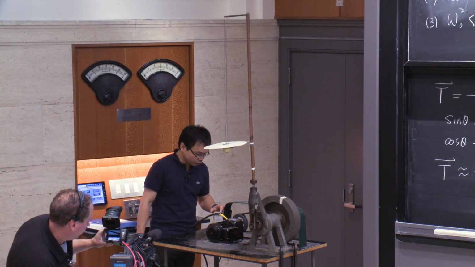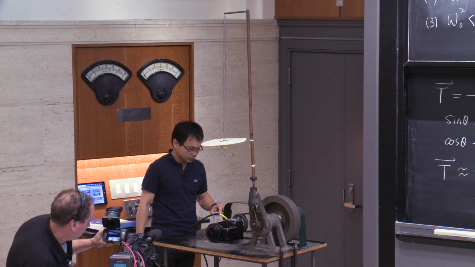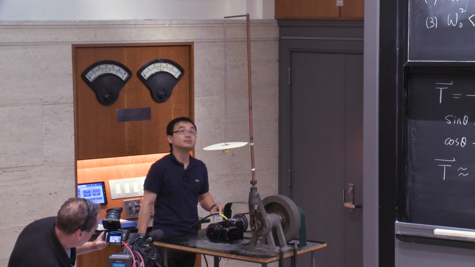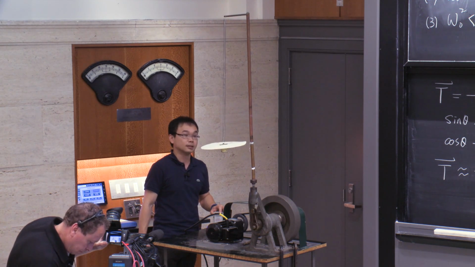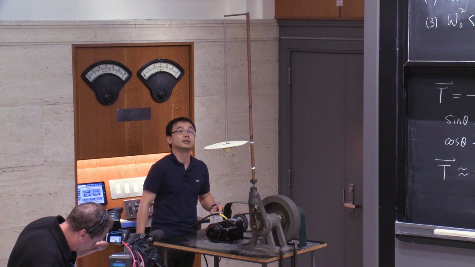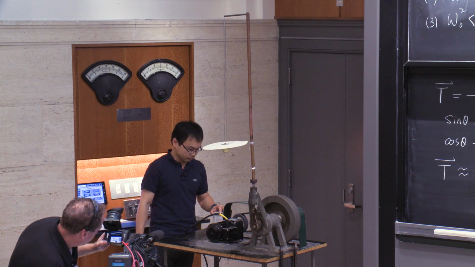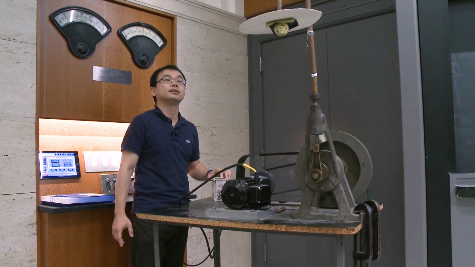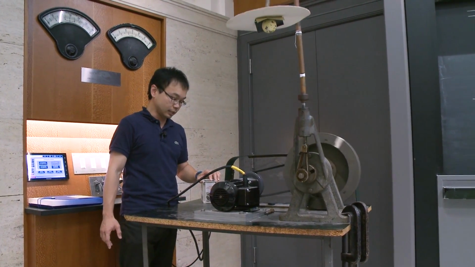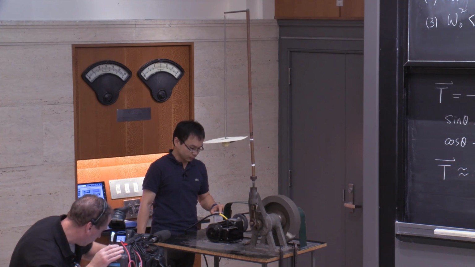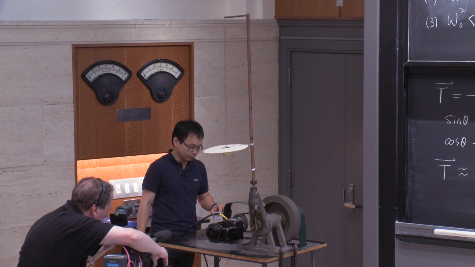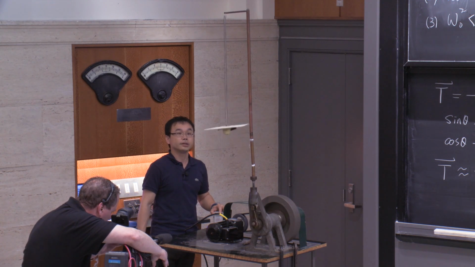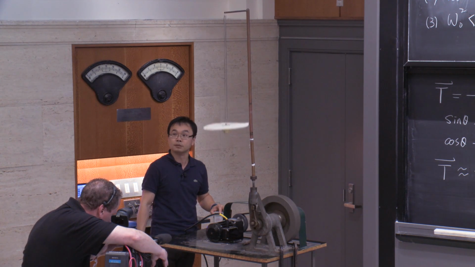All right, so now I increase the speed of the motor and see what will happen. You can see now it's driving it with higher and higher frequency. You see that something is happening. The amplitude is getting larger and larger. I'm still increasing the frequency, until something suddenly happened, right?